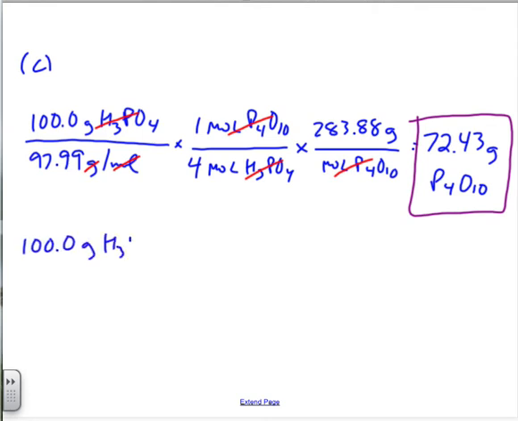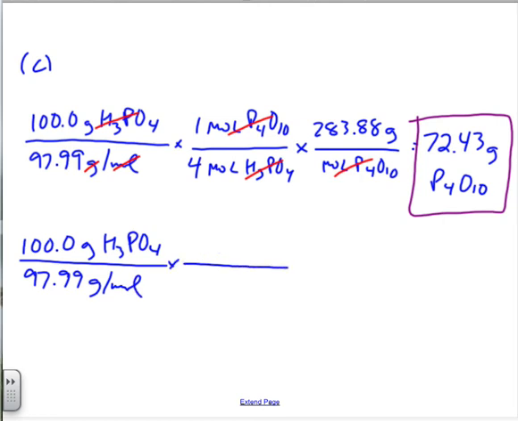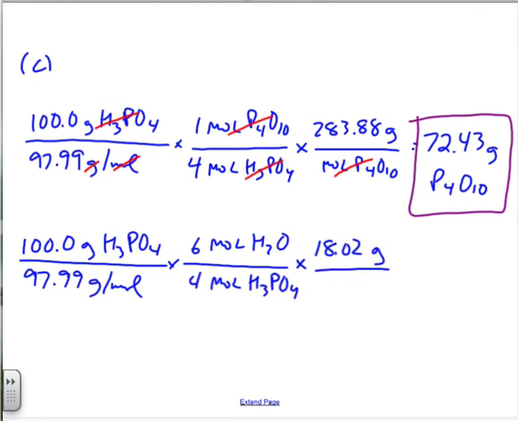100.0 grams of phosphoric acid that I'm aiming to get. Convert that to moles by dividing by its molar mass. Now I'll multiply by the mole ratio. 6 moles of water are needed for every 4 moles of phosphoric acid that I expect to get. And I'll convert from moles of water to grams of water by using its molar mass.